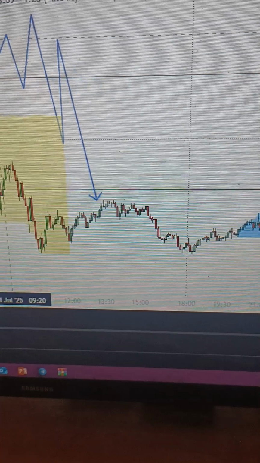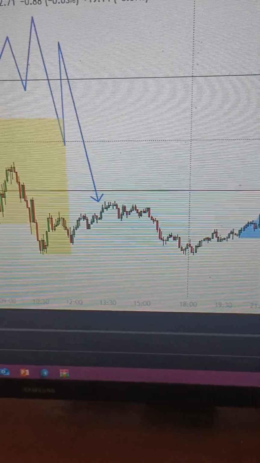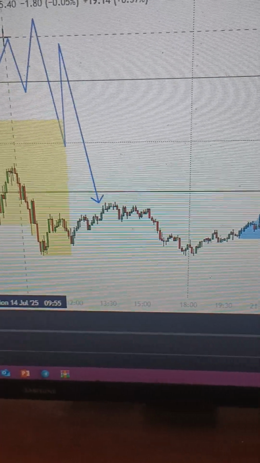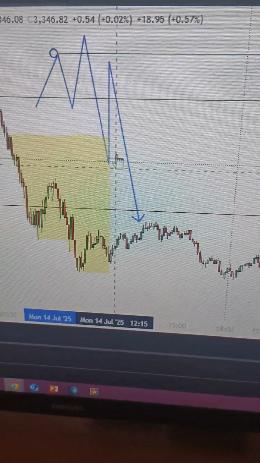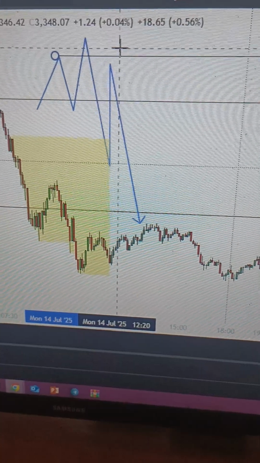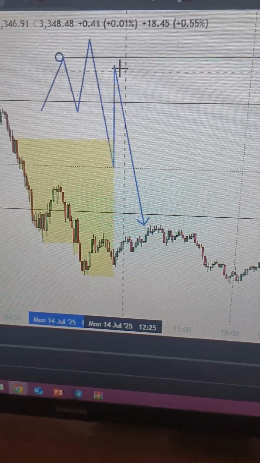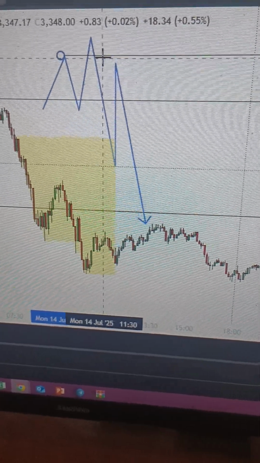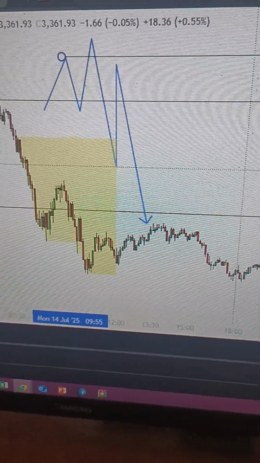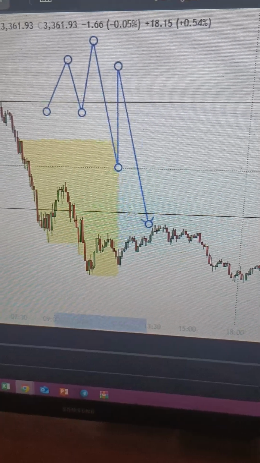So here, this will be my Asia high. We take out liquidity, we break structure, retest the OB, there's an imbalance there, FVG, and we drop.